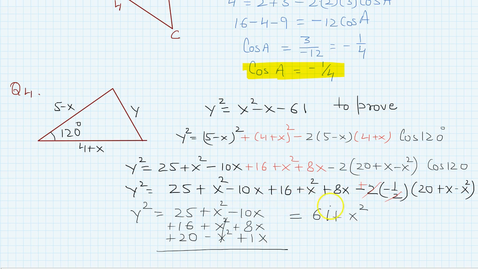And this will be 9 minus 10 plus x, so we have y square is equal to x square minus x plus 61.